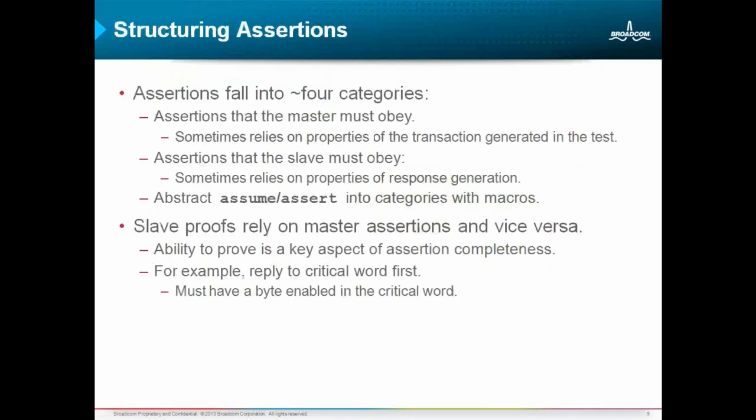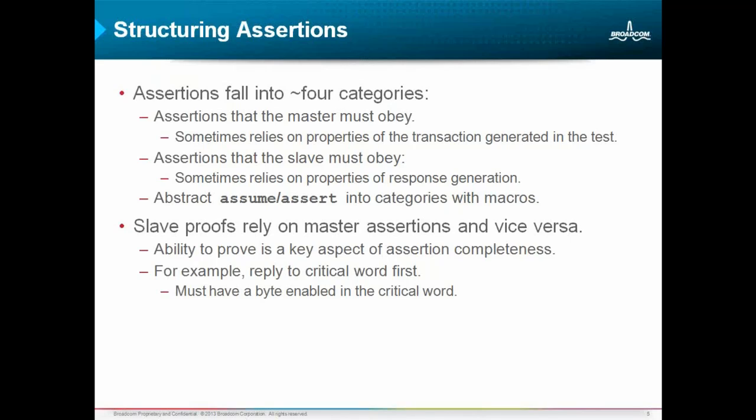So what you find about the assertions that you've written in your monitors is they'll fall into roughly 4 categories. At the top level, there's stuff which the master has to obey, and there's other stuff that the slave has to obey.